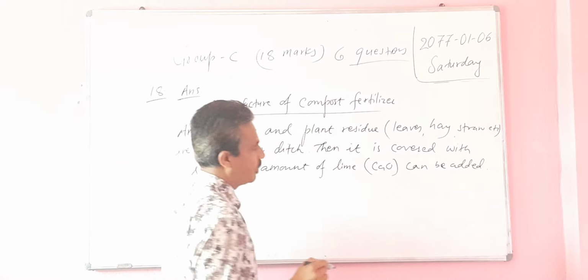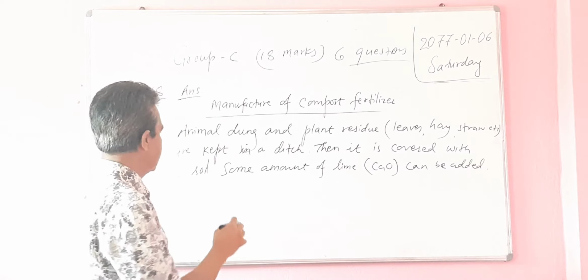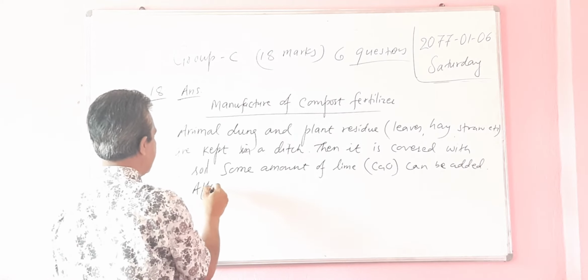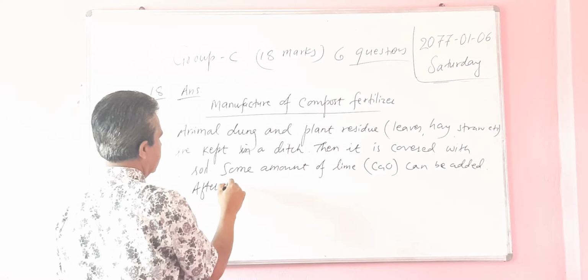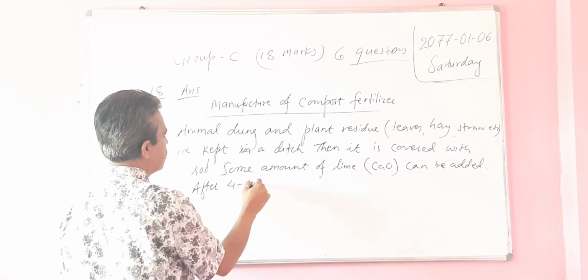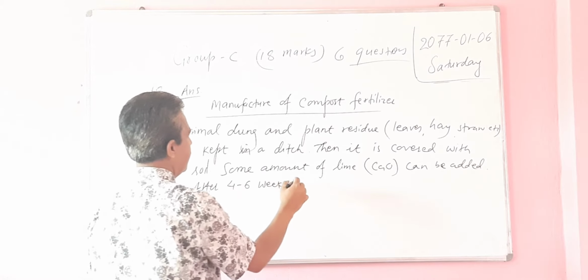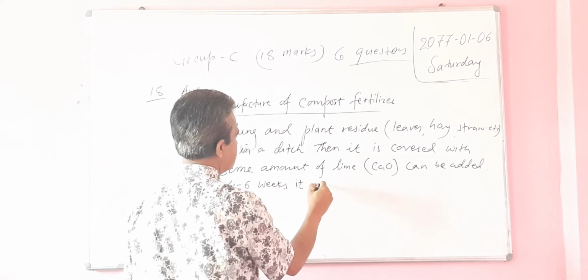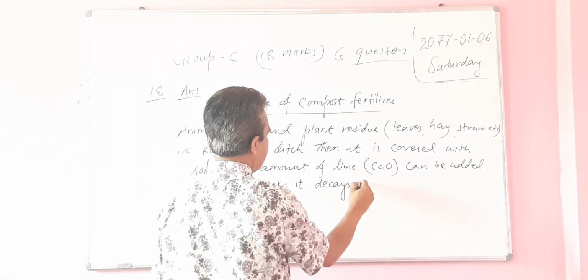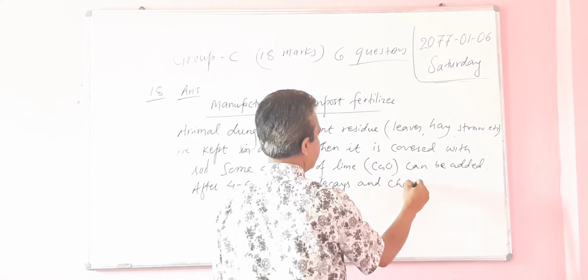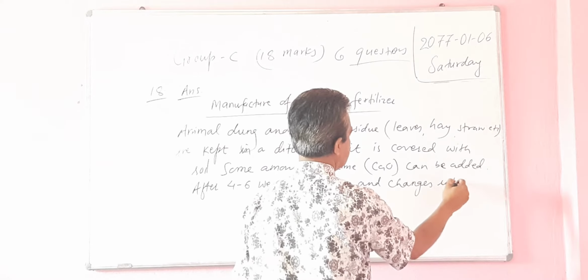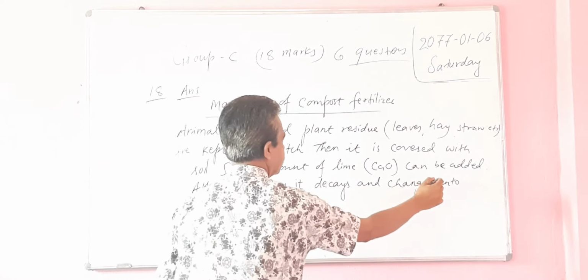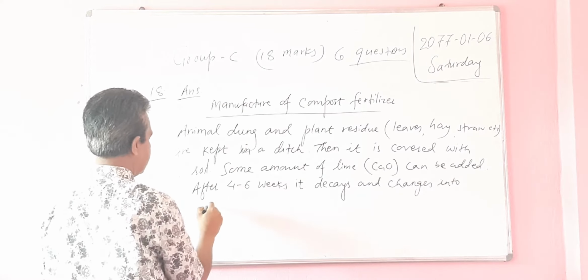We can add some amount of lime. After 4 to 6 weeks, it decays and changes into what? Compost fertilizer.